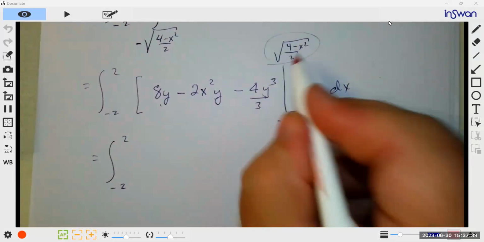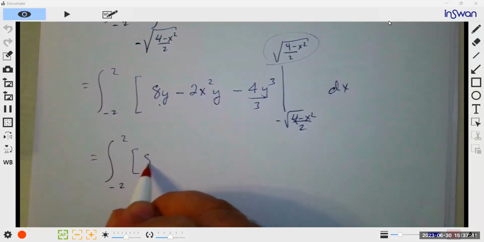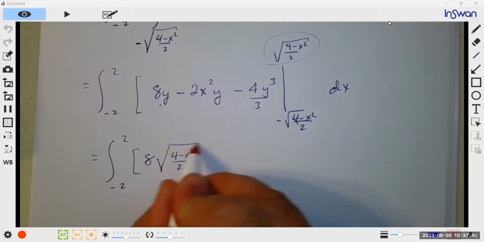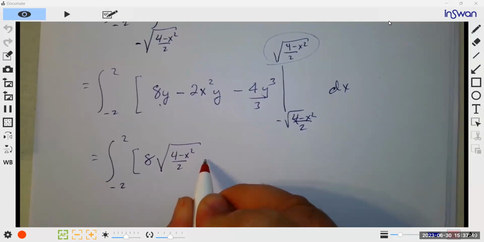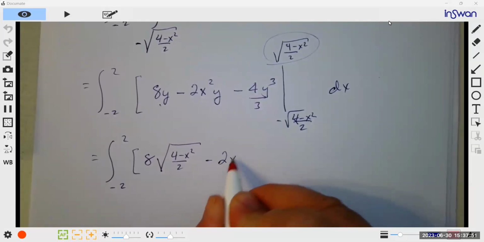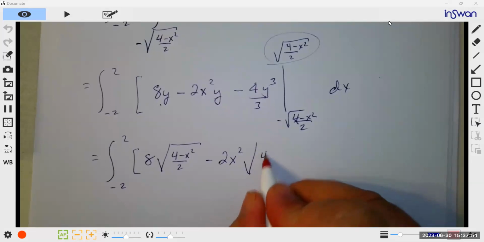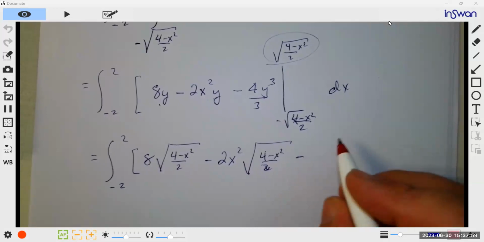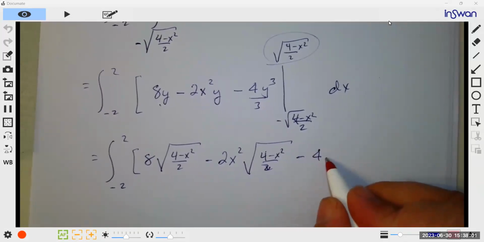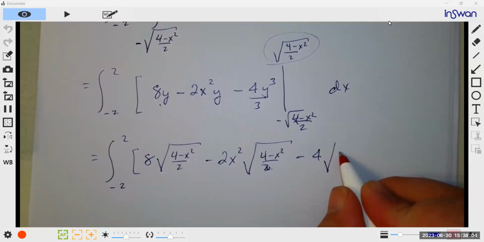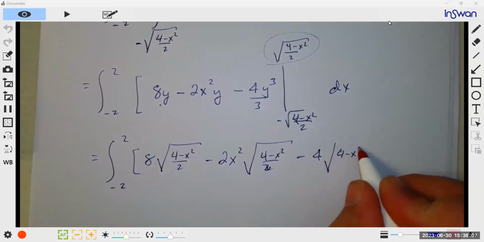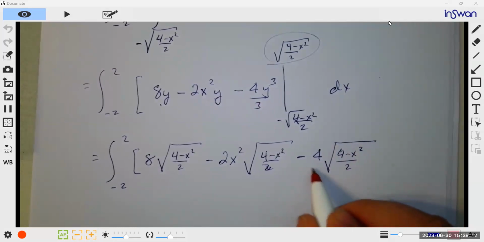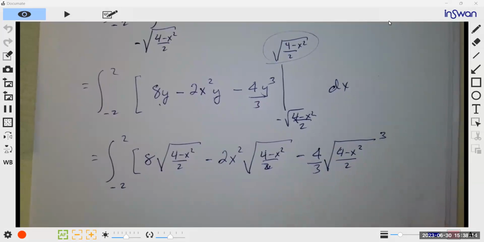So we'll start with the upper bound. 8 times the square root of 4 minus x squared over 2, minus 2x squared times the square root of 4 minus x squared over 2, minus 4 times the square root of 4 minus x squared over 2, cubed, over 3.